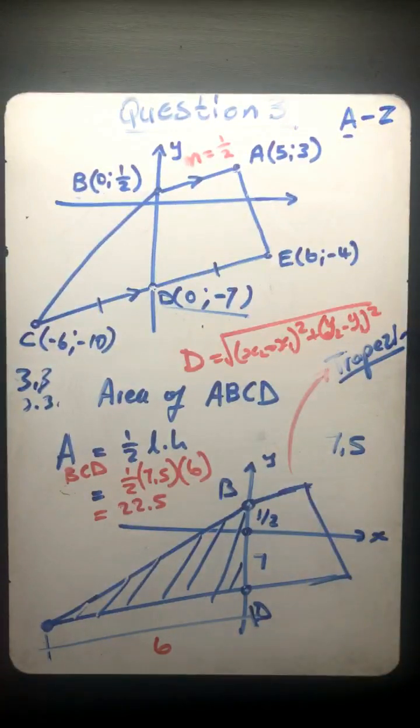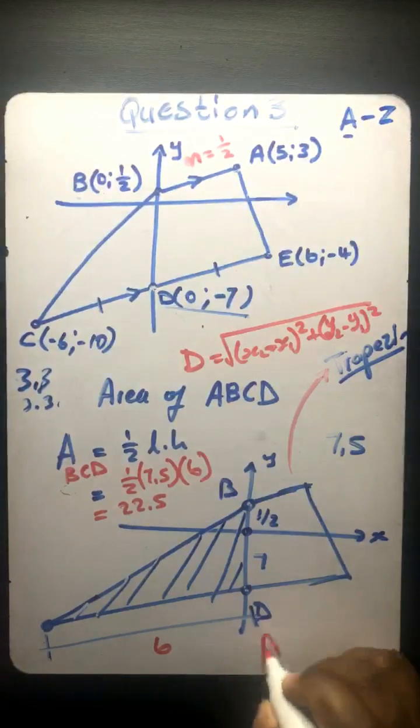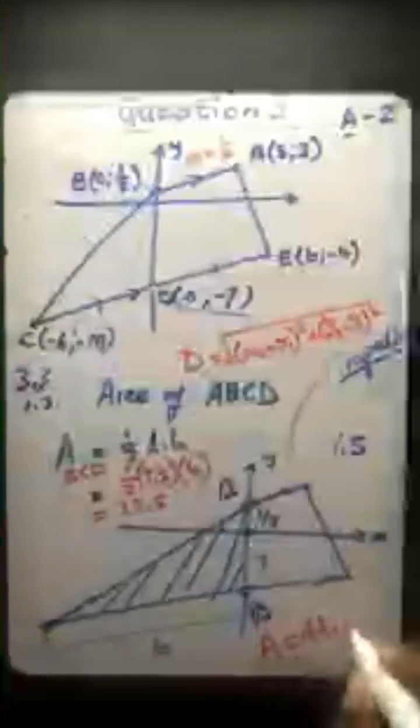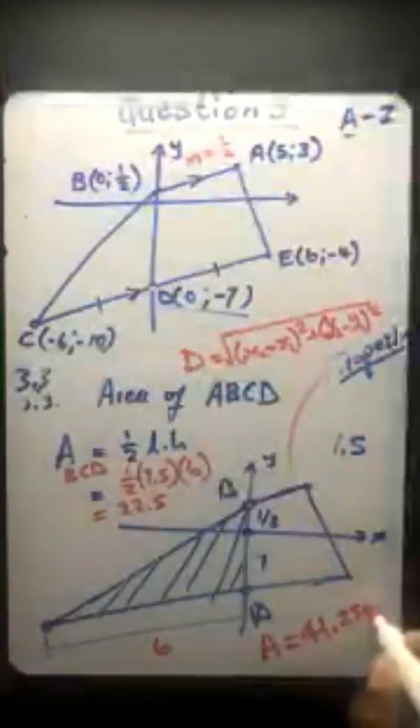Try to use that formula, and I'm only going to give you a final answer to check if yours is the same as mine. The final answer that you should get is 41.25 units squared.